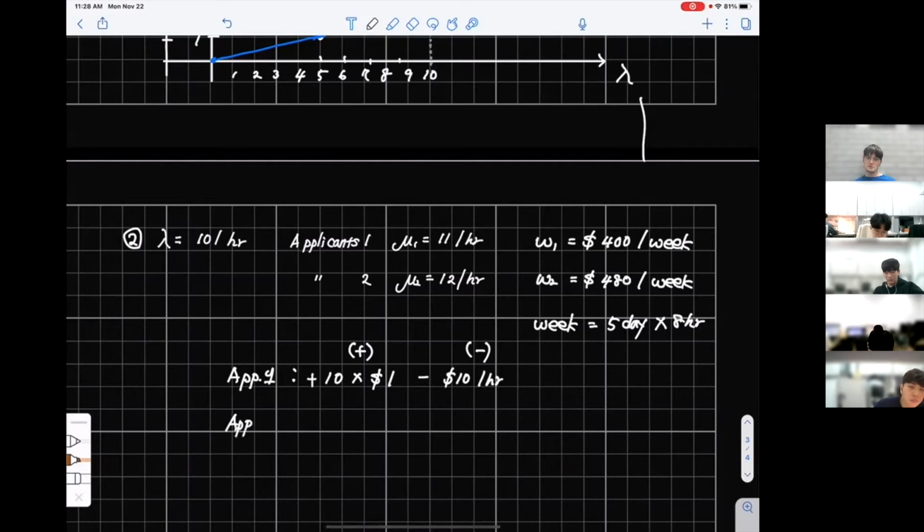And with respect to applicant 2, here the same arriving persons, and the satisfaction cost is 1.25 minus the per hour wage of $12 per hour. So this is becoming 0, and this is becoming 0.5 bucks per hour.